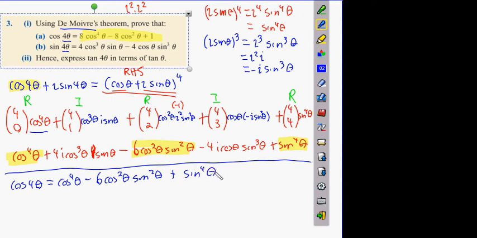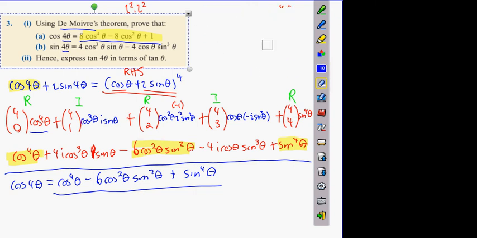What do we have to get rid of to make this part here look like this part up here? What do we need to get rid of? Sin θ. It's very important to get rid of sin θs, okay? So, we're going to write down a formula that involves cos and sin θ.